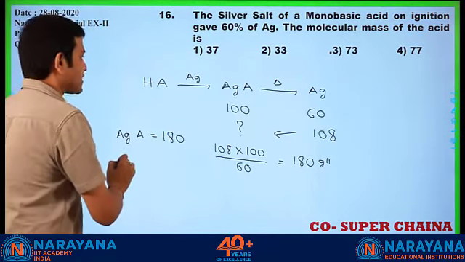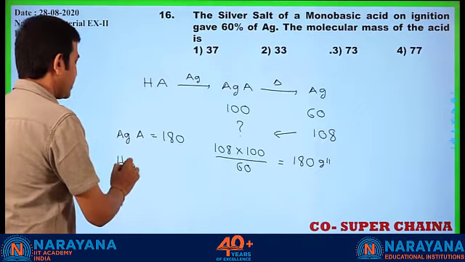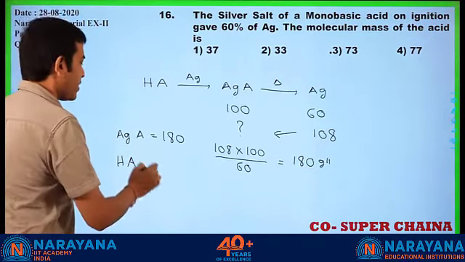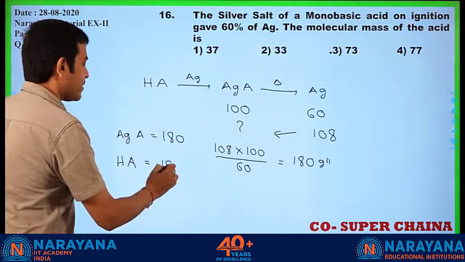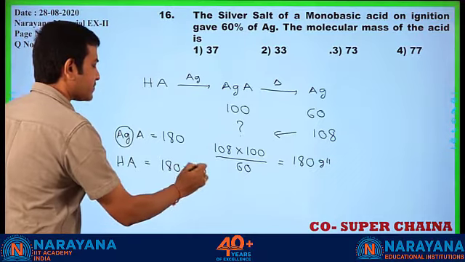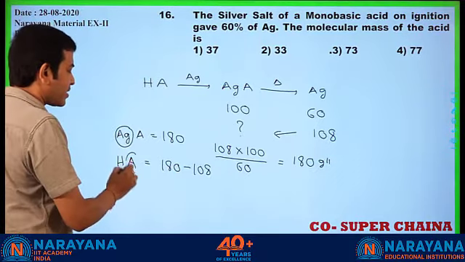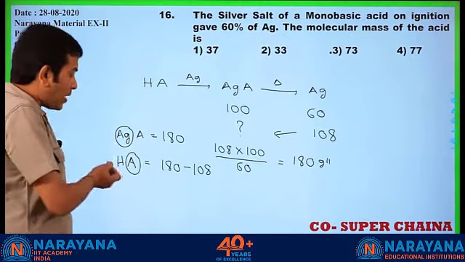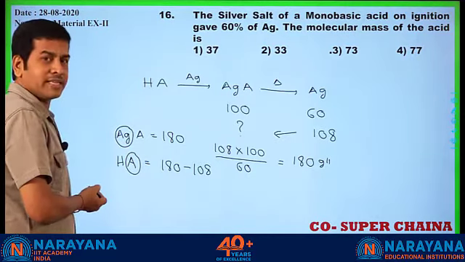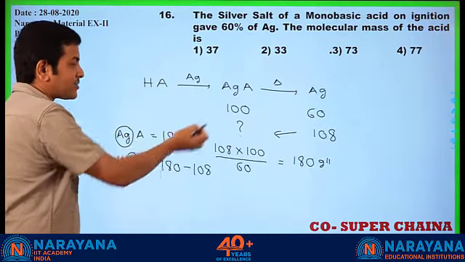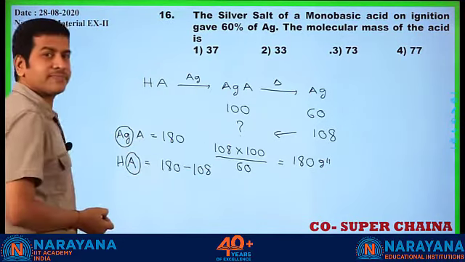From that, let us calculate the HA molecular weight. So 180 minus the Ag 108 will give the A weight. Now I want the HA weight. AgA has a molecular weight of 180.